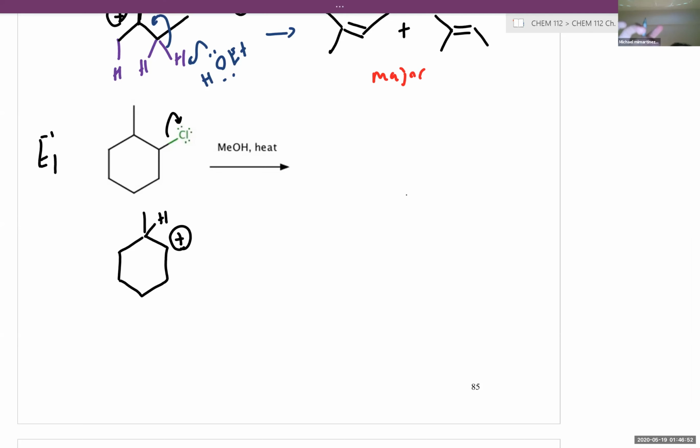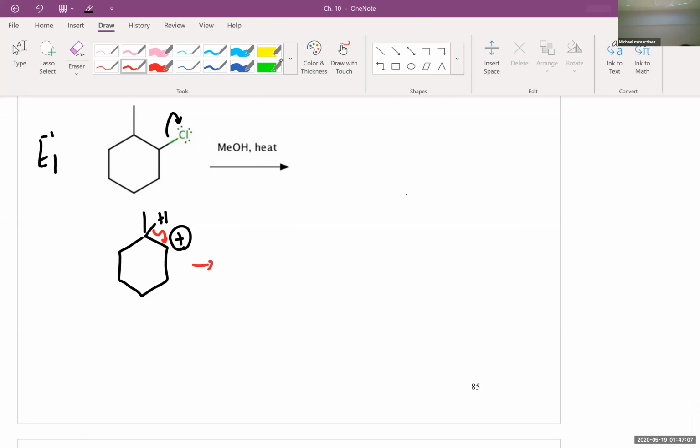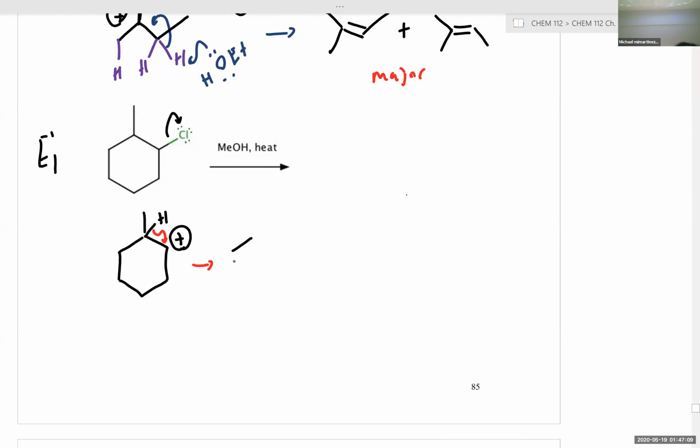Yes, and what process would give us a more stable carbocation? What do we call that process? Hydride shift, exactly right. After a hydride shift, there are some cases where you have alkyl shifts. So you really don't want to go through a carbocationic intermediate unless you can impart some control.